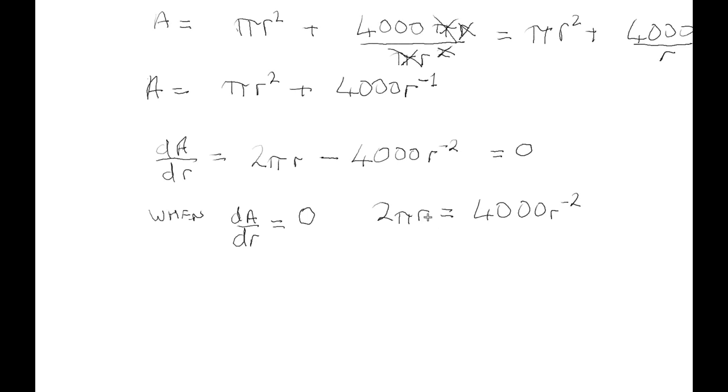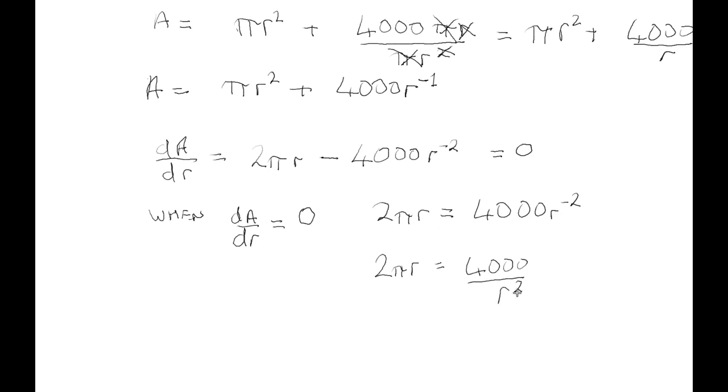Okay, so I'm going to look for r, so I need to make r my subject. So I need to rearrange this formula, and the best way to do this is to bring my r squared down to the bottom. Let's do it neatly. 2 pi r equals 4,000 divided by r squared.